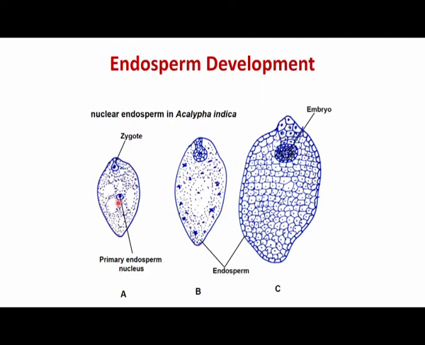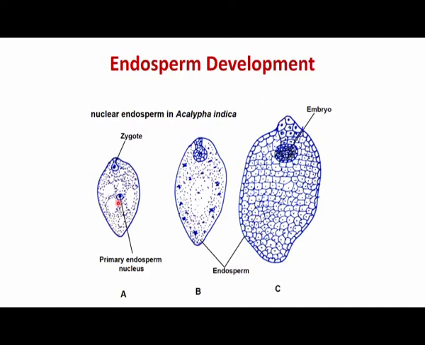In the nuclear type of endosperm development, the primary endosperm nucleus divides by multiple mitotic divisions without forming the cell wall. So multiple nuclei are formed without cell walls, which results in a large number of free nuclei in the central cell of the embryo sac.